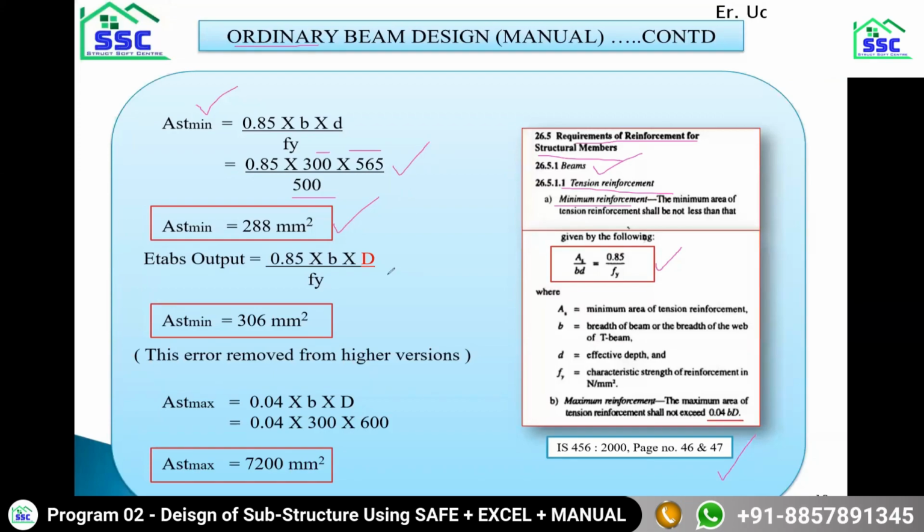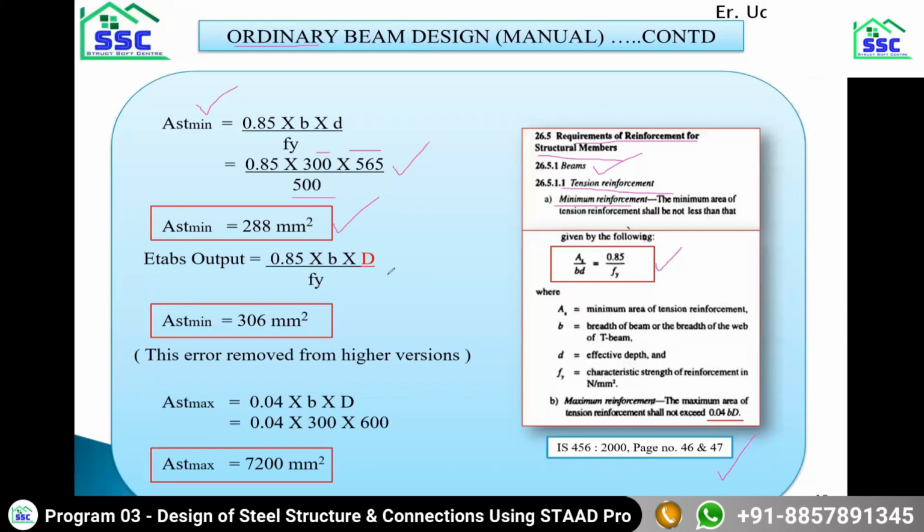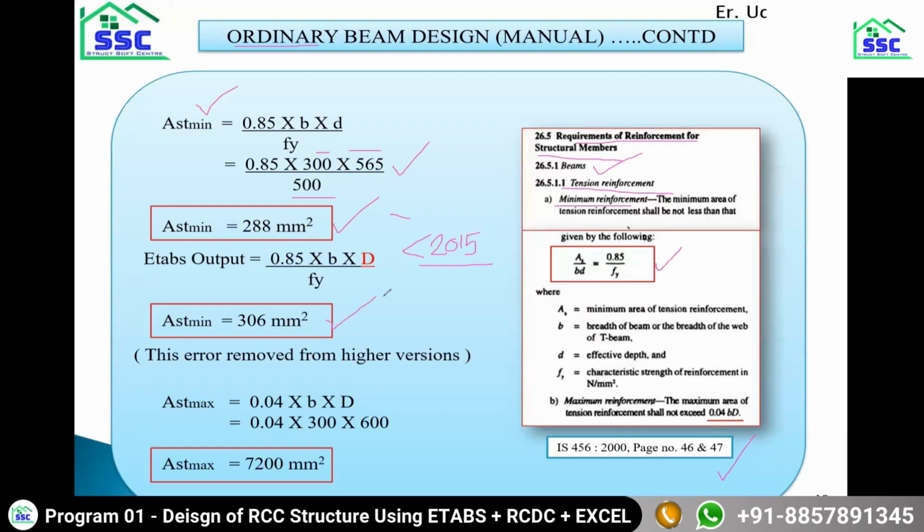Now, there is one interesting fact to know here, and I have intentionally added this in our slide, because in case you are using any version of ETABS which is lower than 2015, you will find that this 288 will not match up with your Ast minimum value.